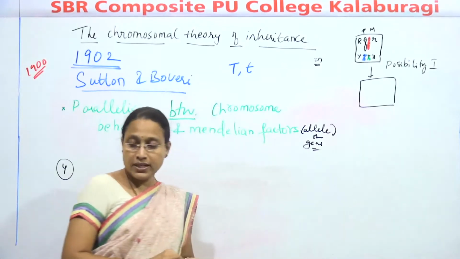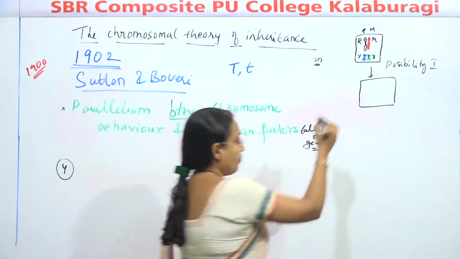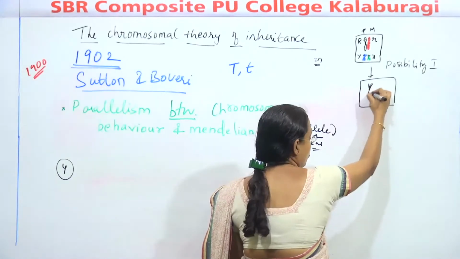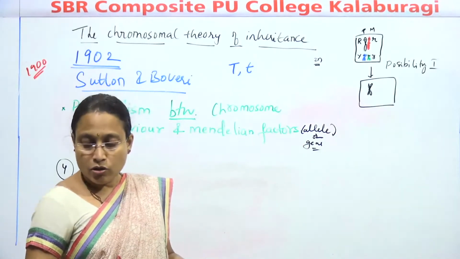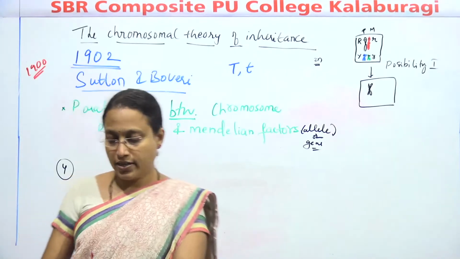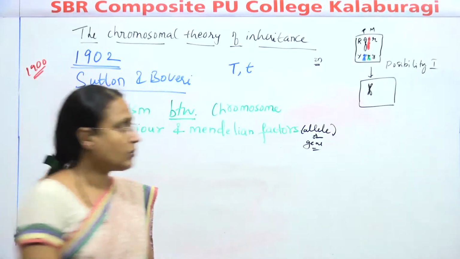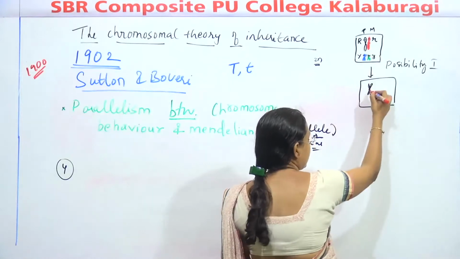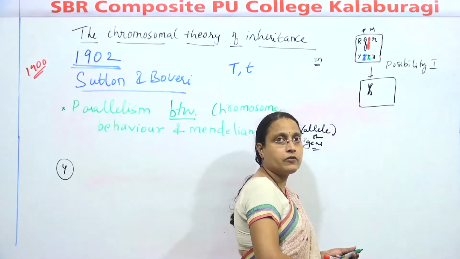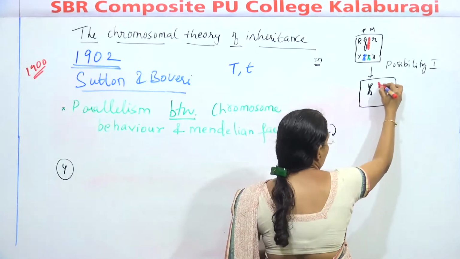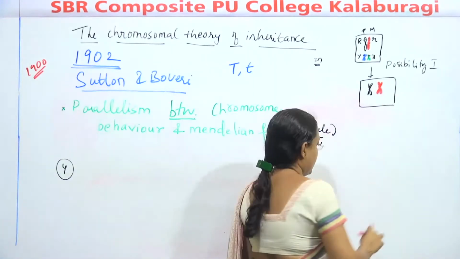Now what is possibility 1? Before undergoing meiosis, the chromosomes will get duplicated. So chromosomes are going to get duplicated. That is in which phase you have already studied in the earlier course? That is the S phase.